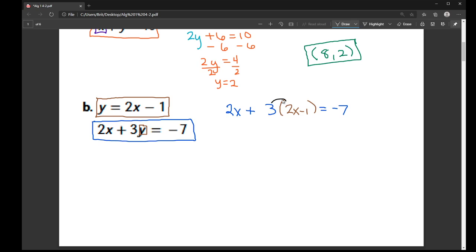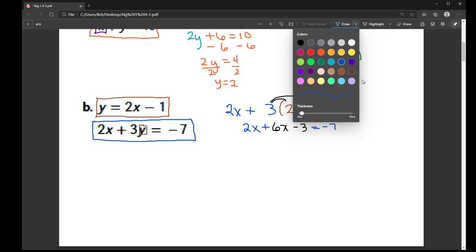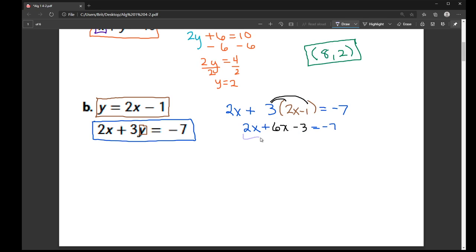Alright, then remember, next we distribute. So 3 times 2x is 6x, and 3 times negative 1 is negative 3. So I have 2x plus 6x minus 3 is equal to negative 7. Now I collect my like terms. 2x and 6x makes 8x.